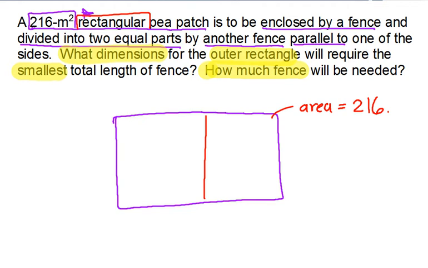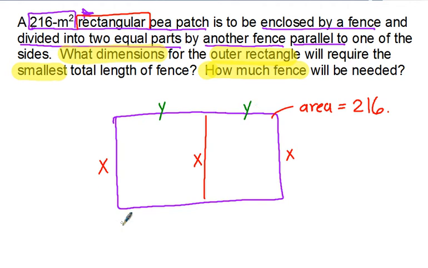So let's see what we come up with along those lines. Okay, so I don't know how wide and how tall this thing is supposed to be yet. So let's just use a variable x to represent the height of our rectangle, and let's use some other symbol, y, to represent the width of the individual components.